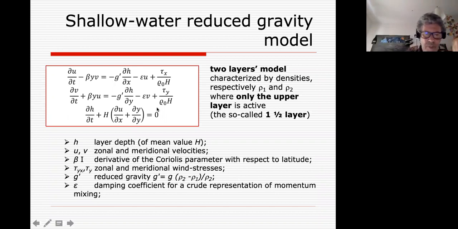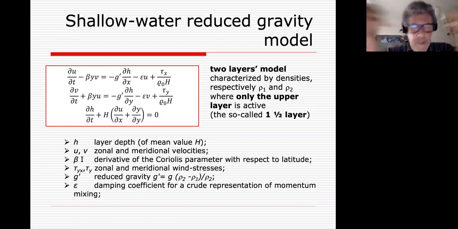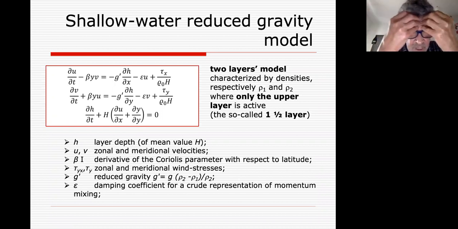The second equation we need is continuity, which relates the divergence of the velocity integrated over H, balanced by the changes of the layer depth. And this means that the fluid is homogeneous, and that the density is also constant and is no longer present here.